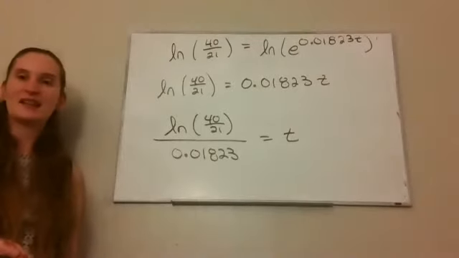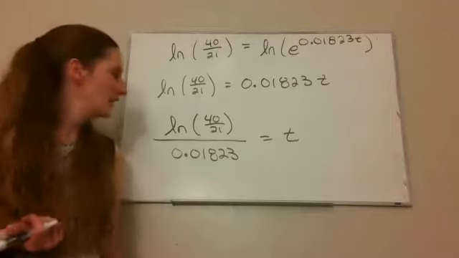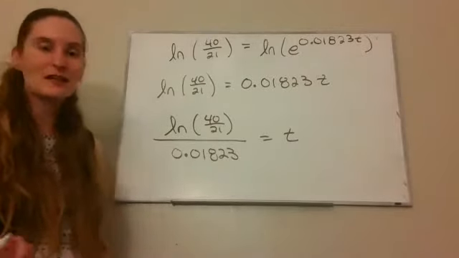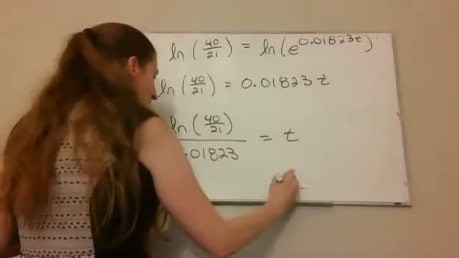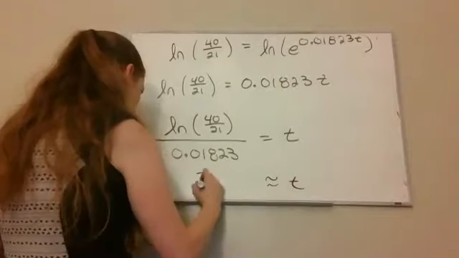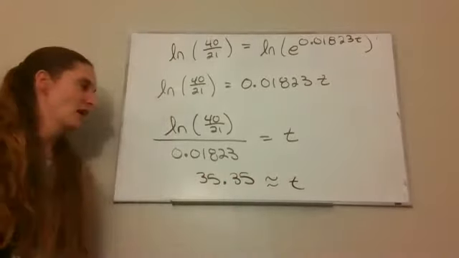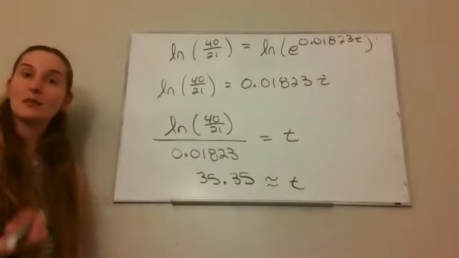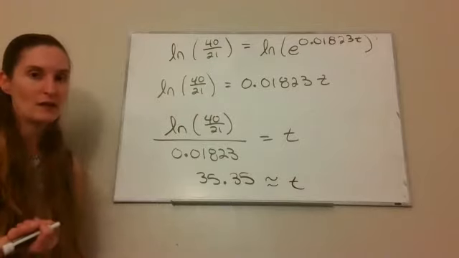Of course, that doesn't help us very much because we want to know what year this is. So you would type it in your calculator, and we get that t is approximately 35.35. Now we have to remember what t represents. t is the number of years since January 1st of 2000.